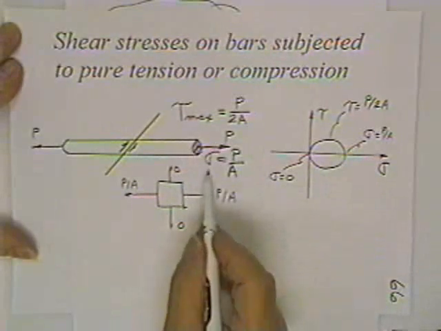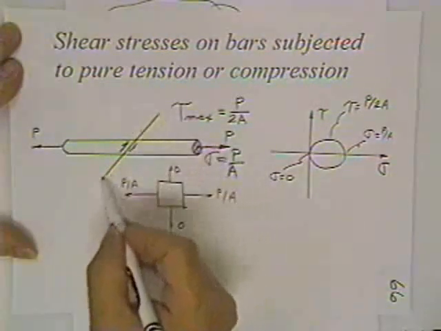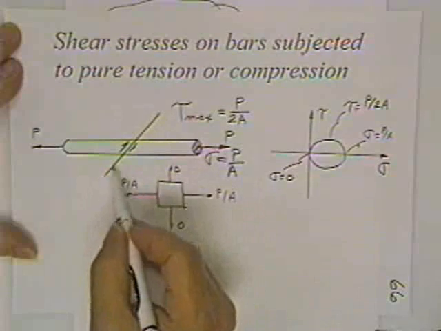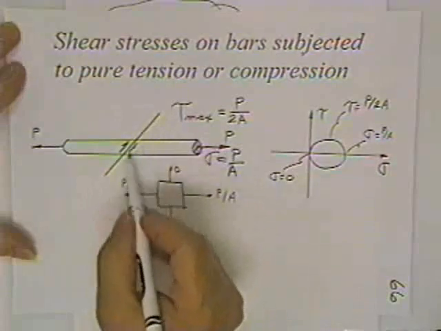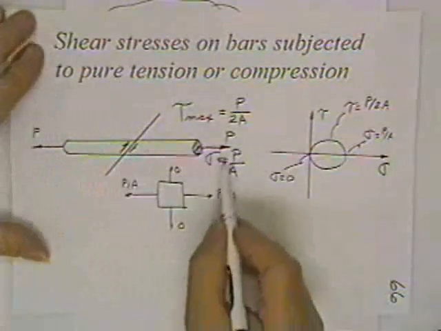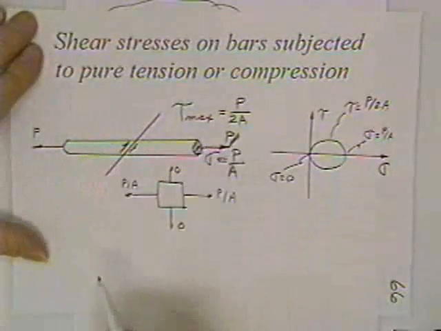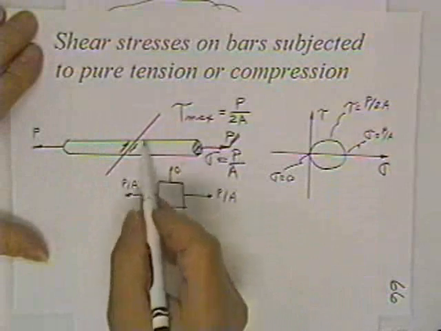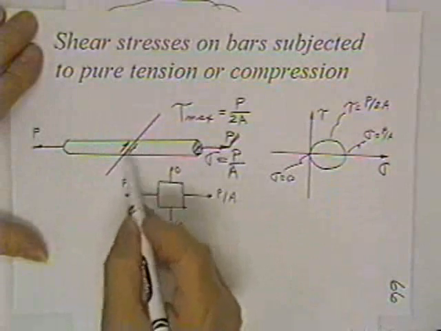And you do cause that stress. But if you would cut the thing at a 45-degree angle, you would see that at 45 degrees there is a sliding stress in there also. So just because you have pure tension, don't say 0 for how much shear is in the bar.